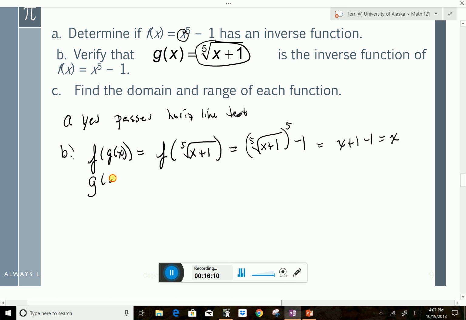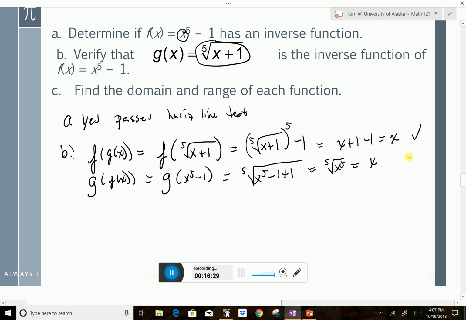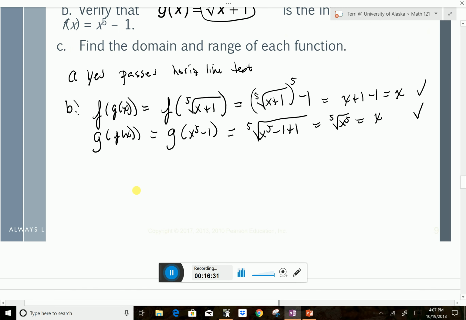And g of f of x, we can do it this way also: g of x to the fifth minus 1 is the fifth root of x to the fifth minus 1 plus 1, which is the fifth root of x to the fifth, which is x. So we verified that that was an inverse.